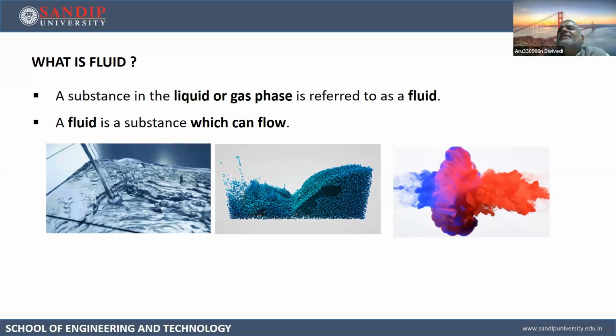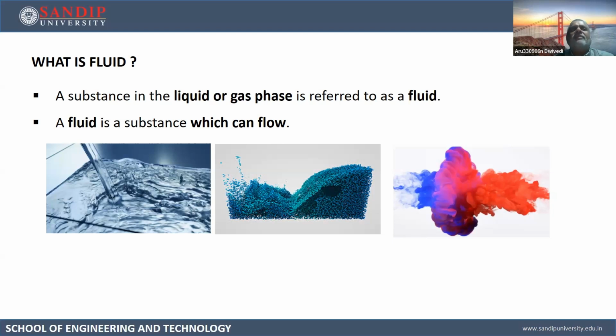In the third figure, you can see how colored smoke is flowing in the atmosphere or within a contained place. So this is how the fluid is flowing, whether liquid phases or gas phases. This is known as a fluid.